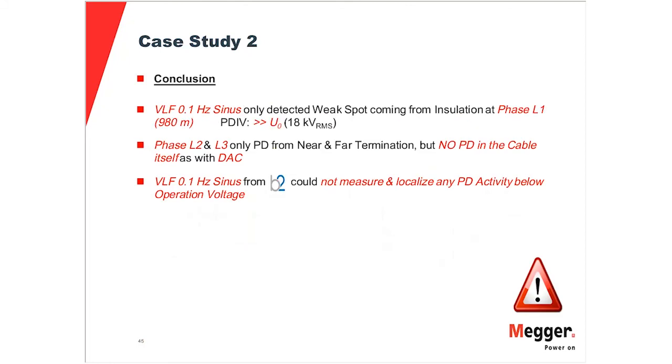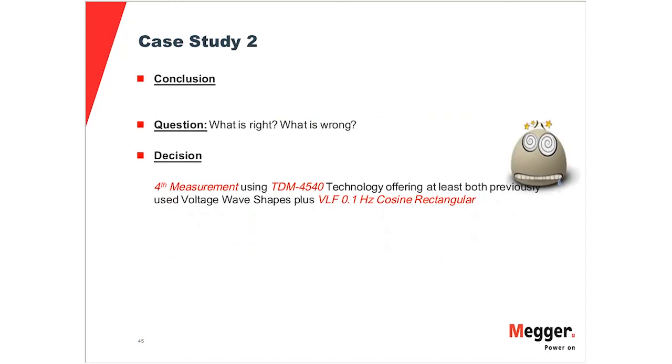So the conclusion here is that VLF 0.1 Hz sinusoidal has only detected the weak spot at phase L1 at 980 meter. It could not show any imperfection in the insulation, and therefore we must say again, this measurement using 0.1 Hz sinusoidal waveform is not appropriate, because it is giving misleading information.